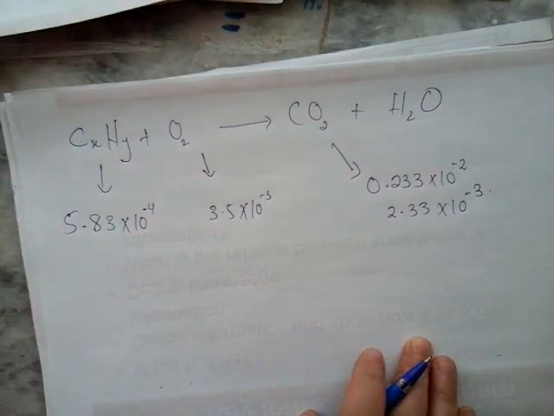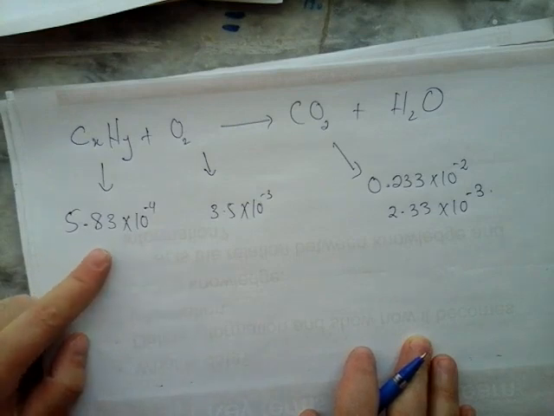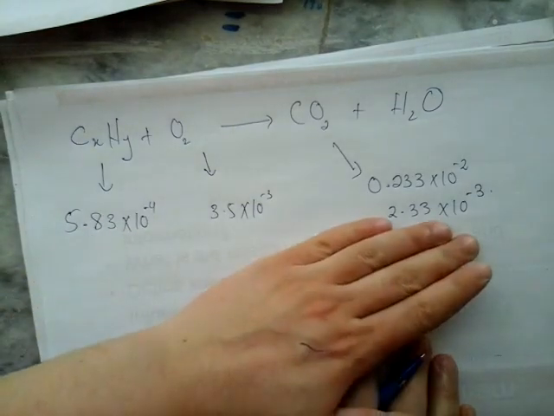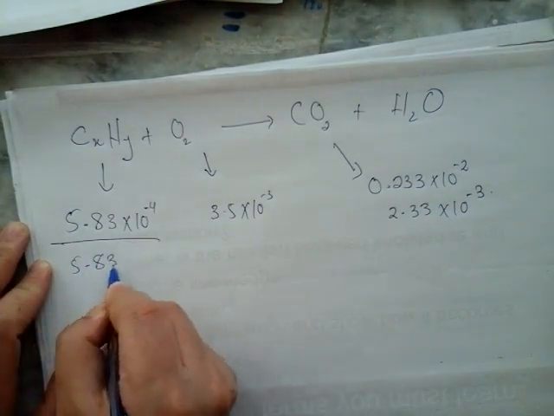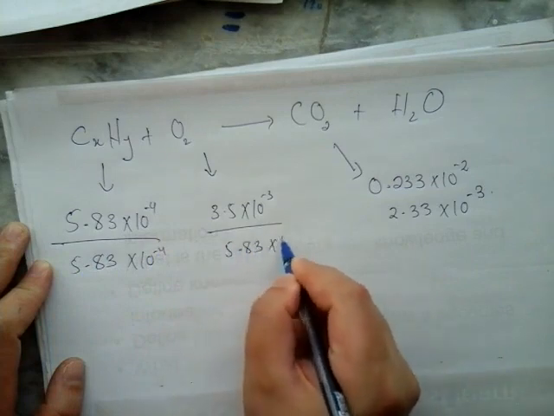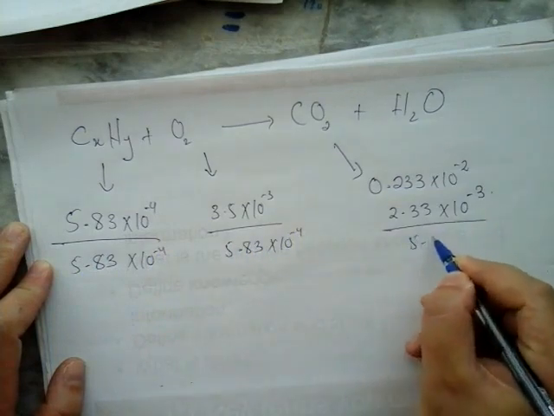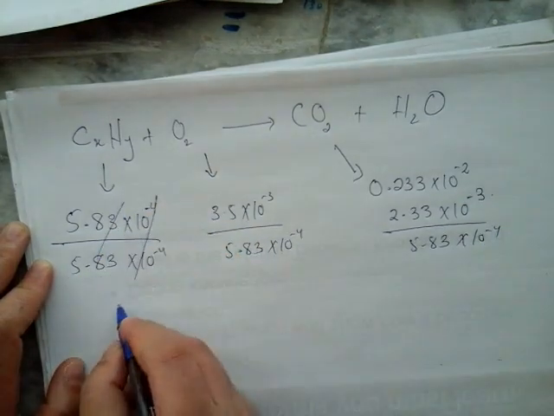Now if you see this, the smallest value over here is that of butene, the smallest mole. Okay, so we will divide all these three values by this smallest value, 5.83 into 10 raised to power minus 4. So definitely butene will become 1.